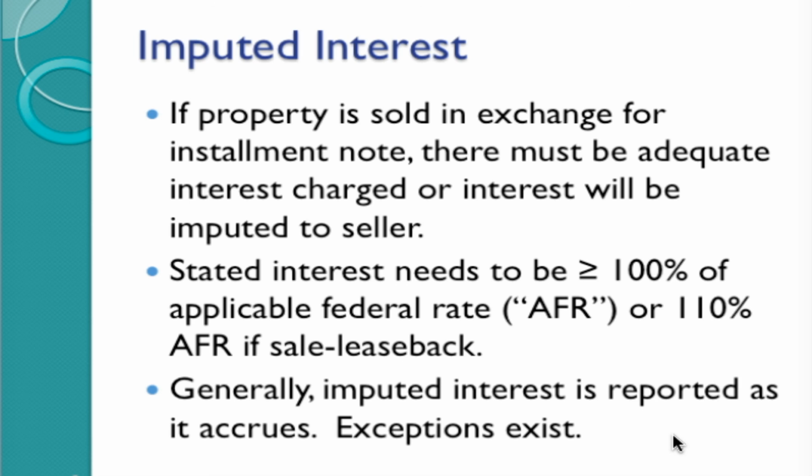If property is sold in exchange for an installment note, there must be adequate interest charged or interest will be imputed to the seller. So basically, if you are selling on an installment note, we're going to assume that there should be an arm's length transaction, and that transaction will generally require some type of interest based on the time value of money.